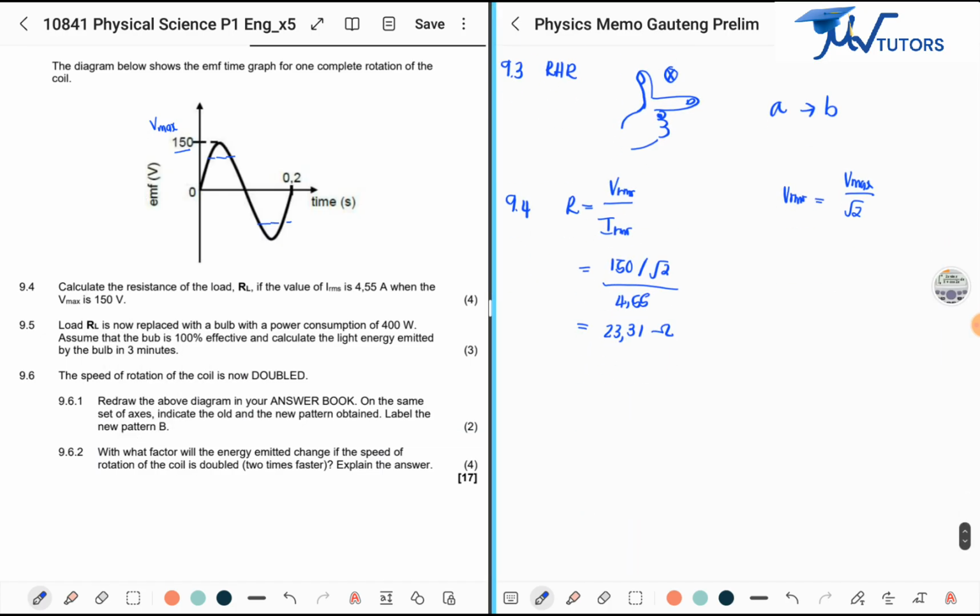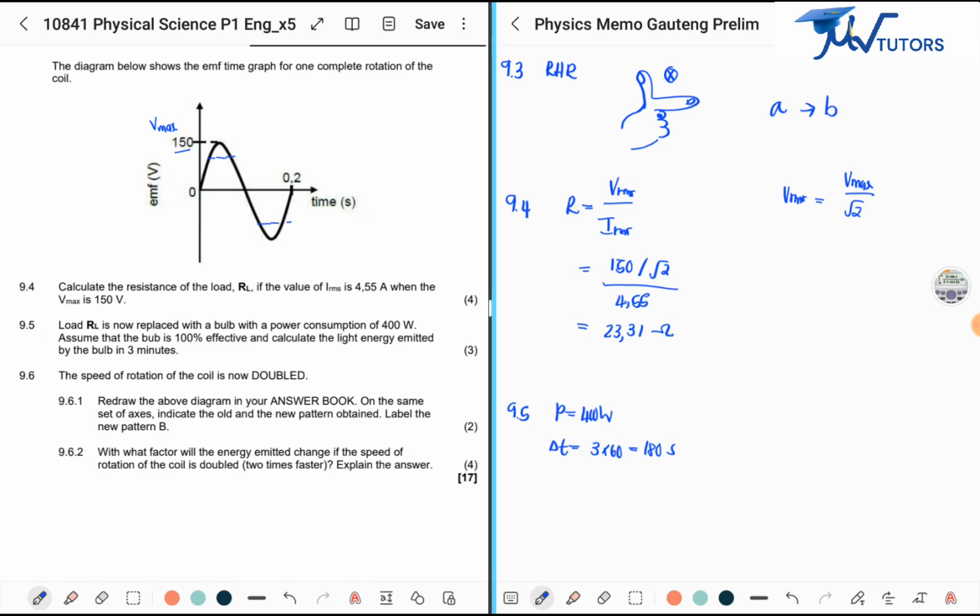Alright, now 9.5, it says load RL is now replaced with a bulb with a power consumption of 400 watts. Assume that the bulb is 100% effective and calculate the light energy, in joules, emitted by the bulb in 3 minutes. Okay, so in 3 minutes, that would be 3 times 60 seconds, because we need to work with seconds.